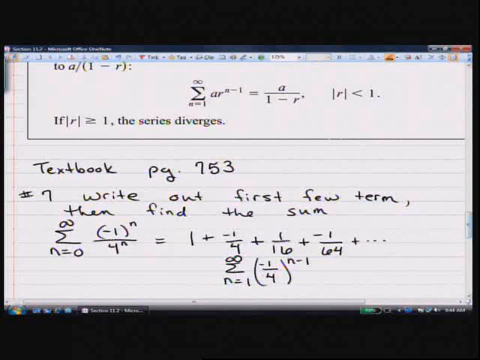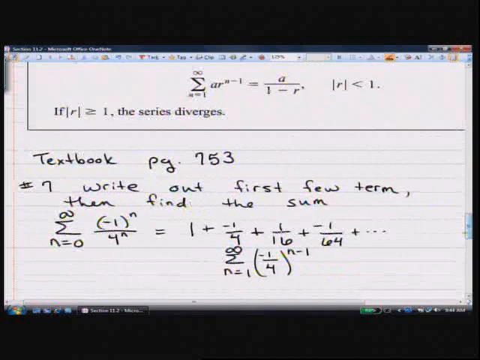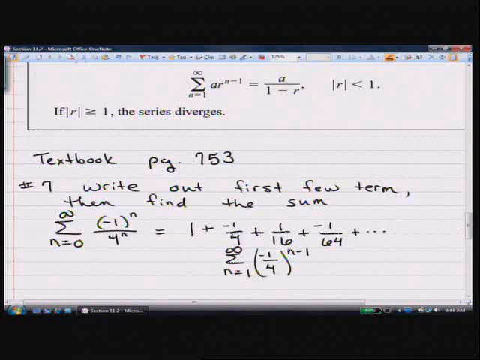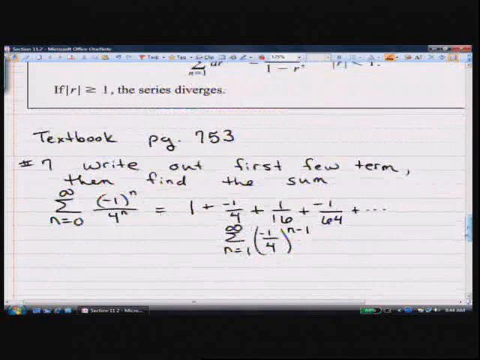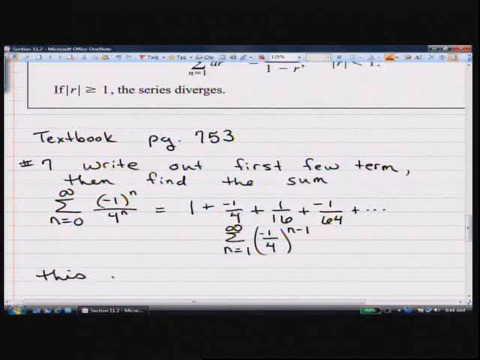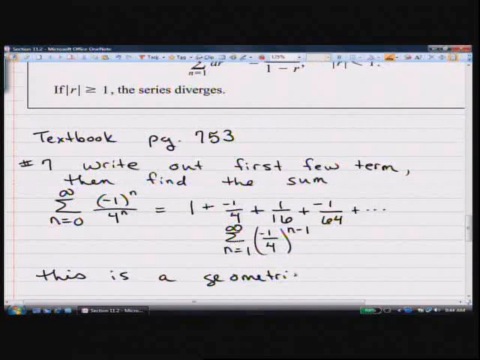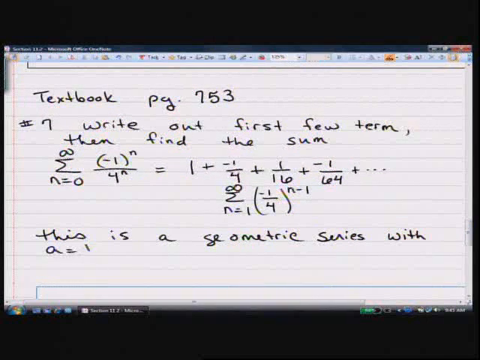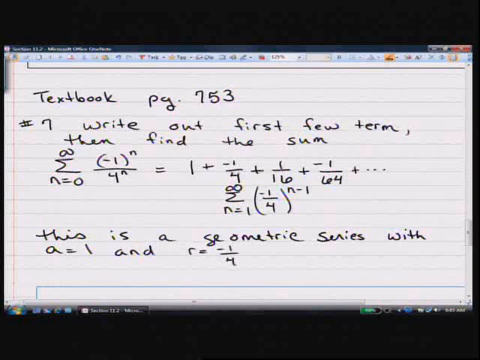Okay. And so I like to write it this way because then it looks just like my geometric series with a. What is a equal to? This is a geometric series with a equal to 1 and r equal to -1/4.